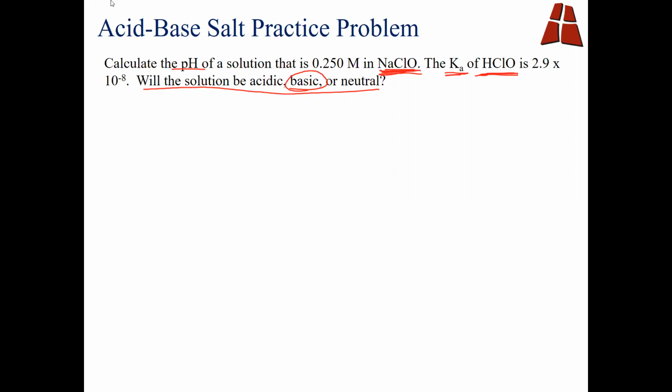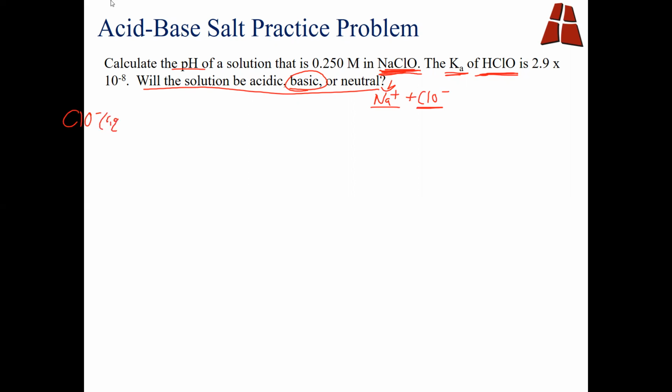So if NaClO dissolves in water, it's going to dissociate into Na+ and ClO-, and those are both going to be soluble. If I look at these, I know sodium is the conjugate acid of a strong base, sodium hydroxide, so that's not going to affect our pH. And so the thing that we should care about is our ClO-. And so moving on to what we've called step 2, we have ClO-.